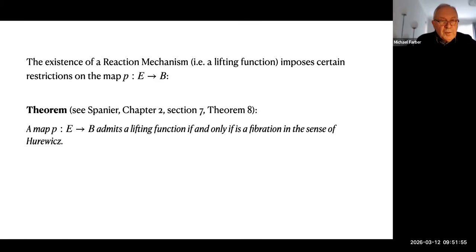And we know from Spanier, chapter 2, section 7, theorem 8, that a map P admits a lifting function if and only if it is a fibration in the sense of Hurewicz. Perfect.